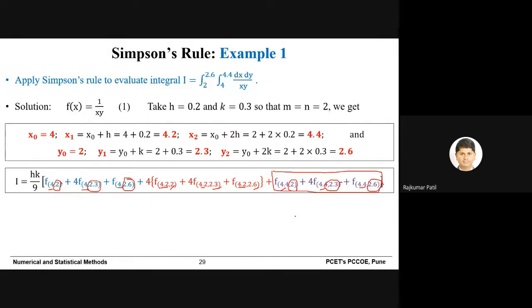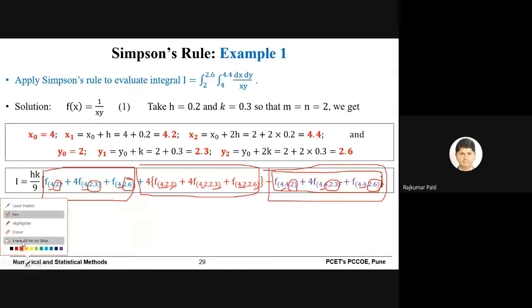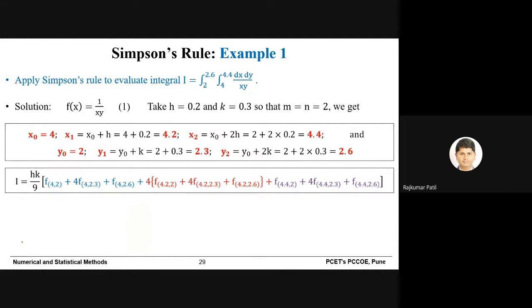So keep one variable constant, vary the remaining variable. So every time you do it, you will get the first, second and third equation. Change the value of the first variable, keep it constant, change the values of y. So this is how you prepare it.